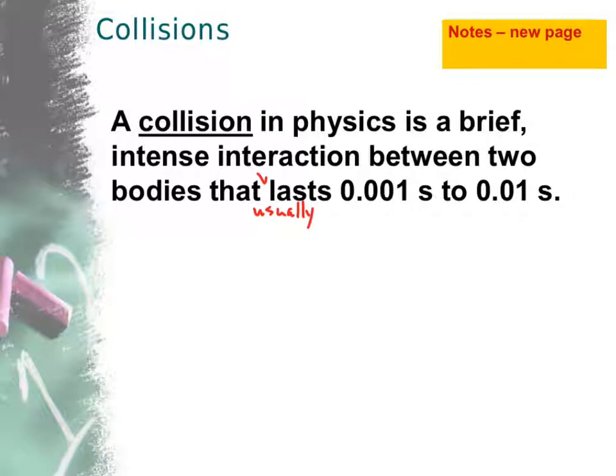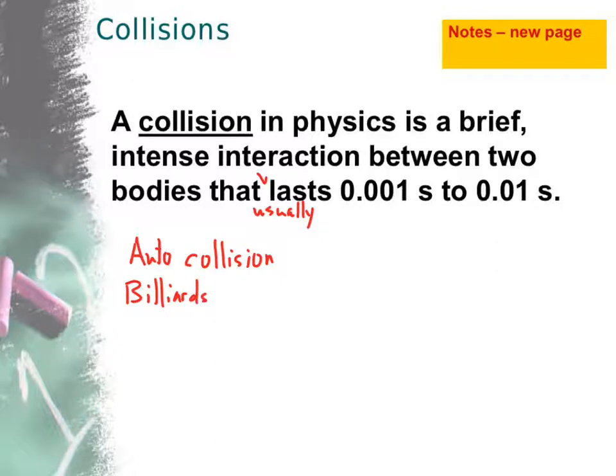So some examples of collisions are, of course, auto collisions. But there are also other types of collisions in physics. We can think of billiard balls or pool balls.